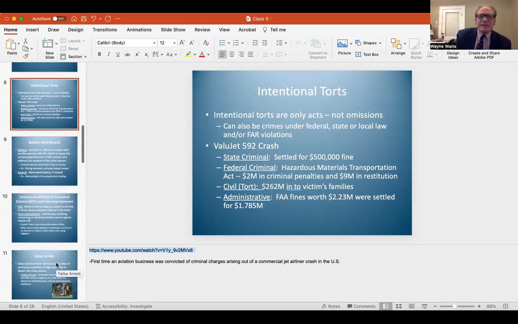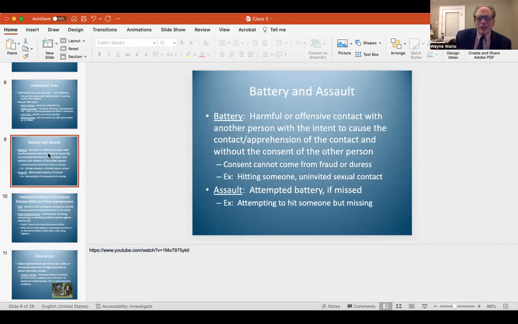Okay, so that is an example of a case where we've got both civil and criminal liability. You can also have assault and battery. A battery is a harmful or offensive contact, I should say, with another person with the intent to cause contact or apprehension of contact, so without the consent of the other person.